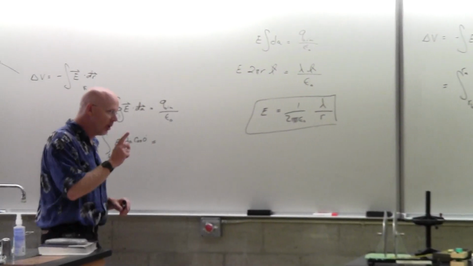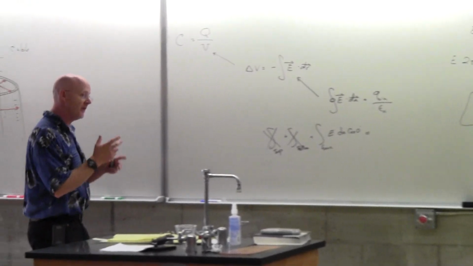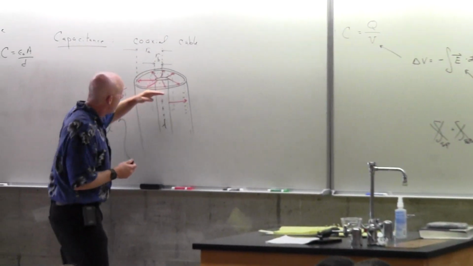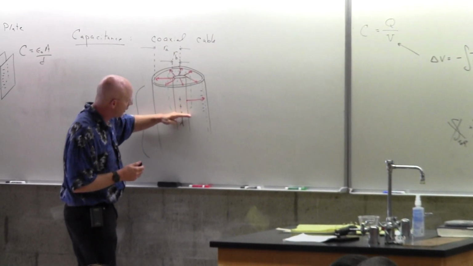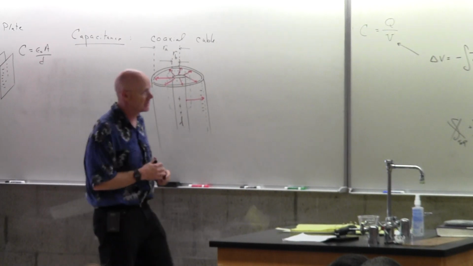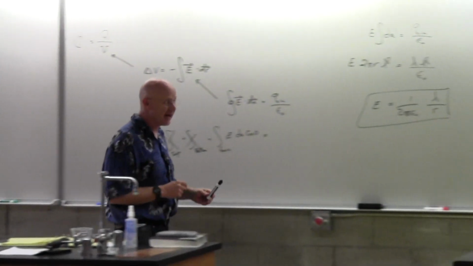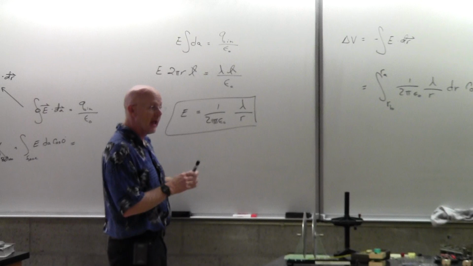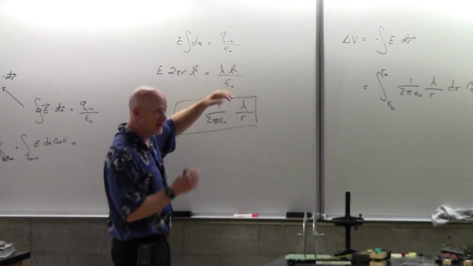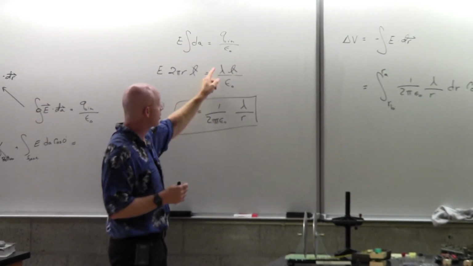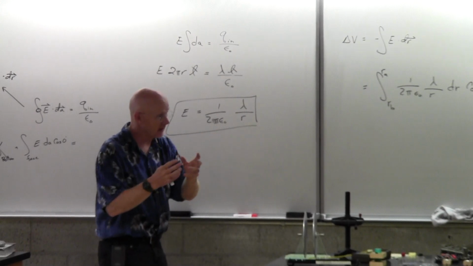But really the answer comes down to the symmetry here. And in this case, I am only looking at the charge inside, okay? And the inside is the length of the cable. So I want charge per length, because I'm going to multiply by length.